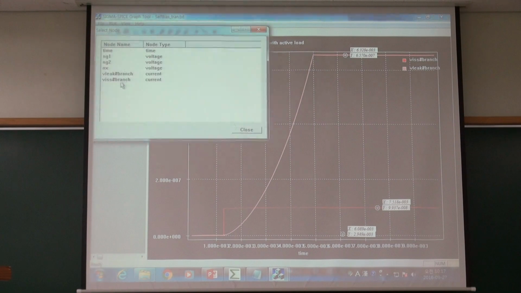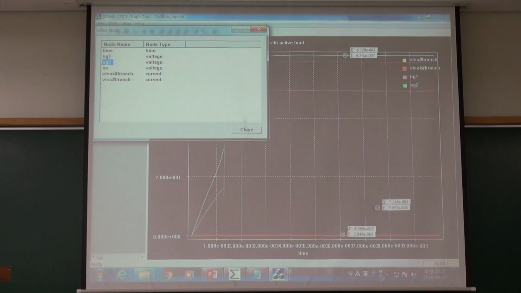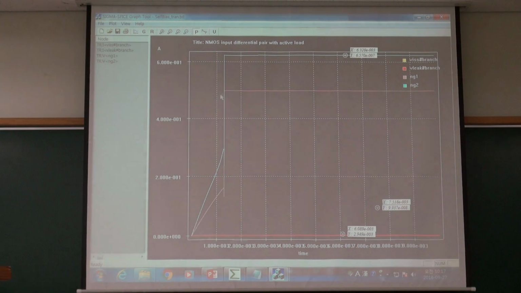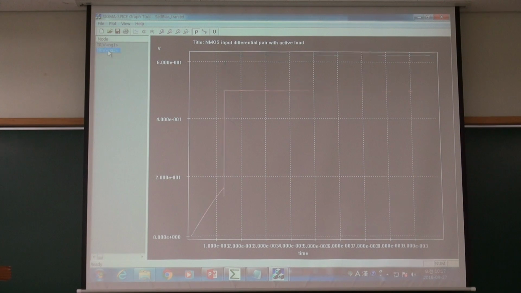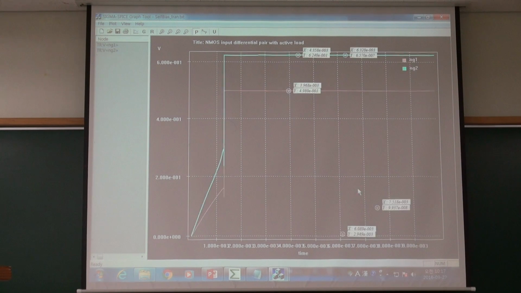And then what else? Let's see, my NG1, NG2, this is a bias voltage. NG1 is the lower side gate bias voltage, which is 0.5 volt. How about NG2? NG2 is 0.624 volt. Okay.